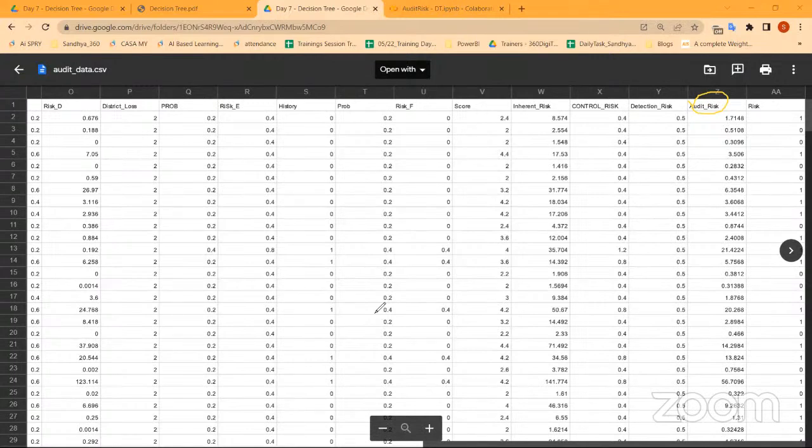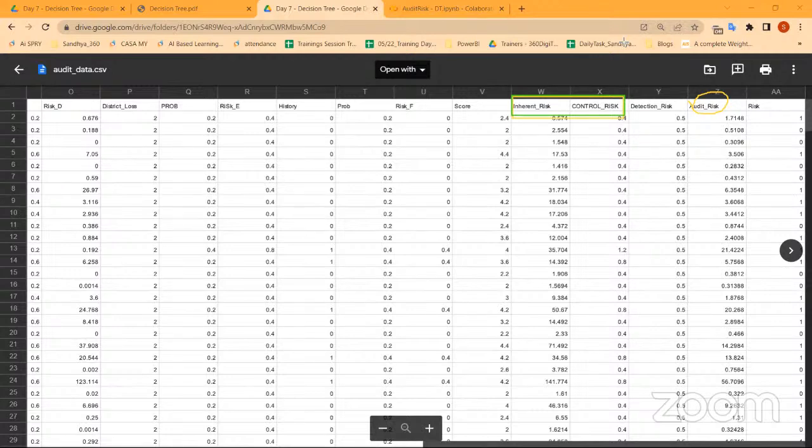So the two components of the audit risk are the material misstatements and the detection risk, friends. Let me just tell you. Here we have the inherent risk and the control risk, right? So we have inherent risk and control risk, and we do have the detection risk.